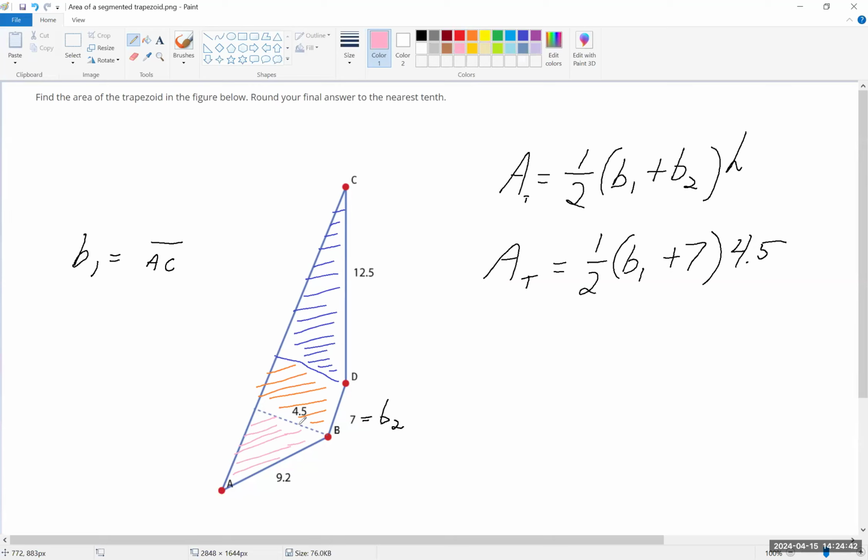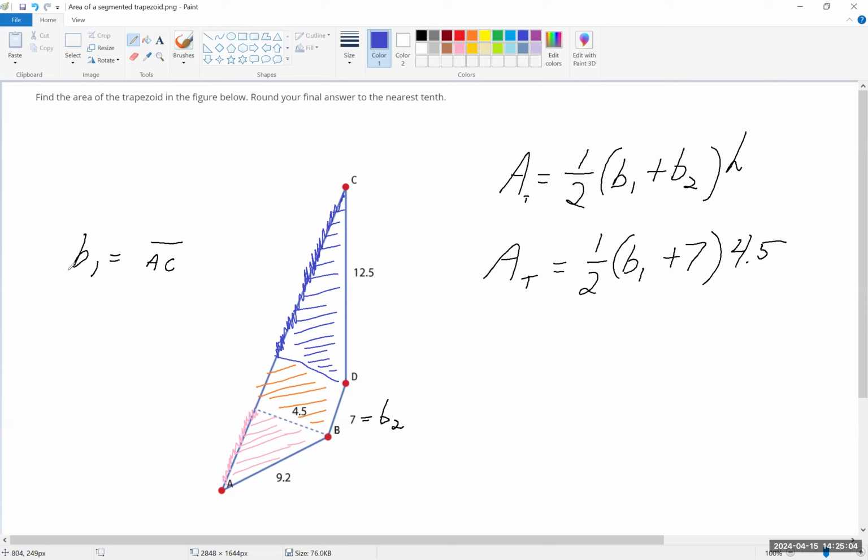But regardless, we still need to figure out what this length is, and also what this length is.